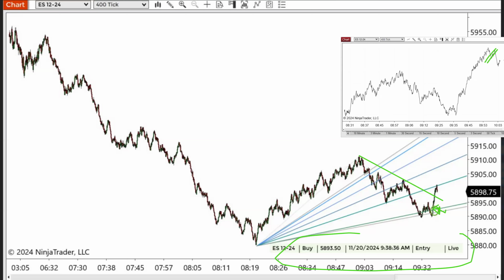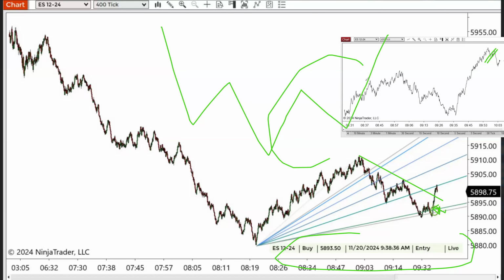So other patterns that have the Phoenix in it are an inverse head and shoulders or a cup with handle. In those two strategies, your inverse head and shoulders looks like this. Well, your Phoenix is this portion here. In a cup with handle, the Phoenix is the handle.